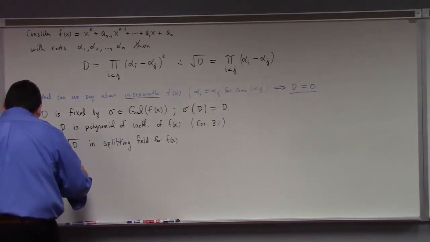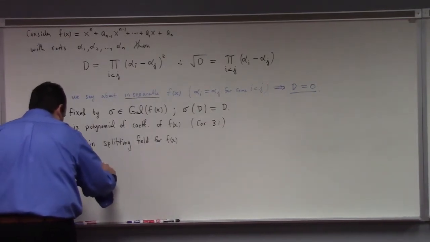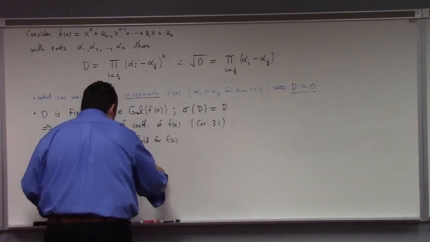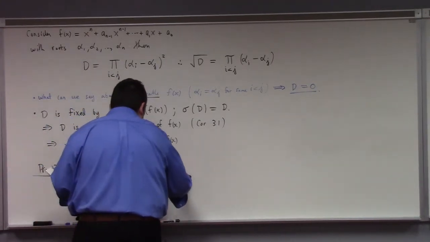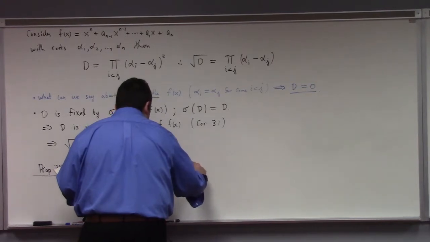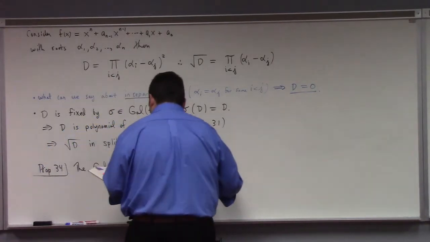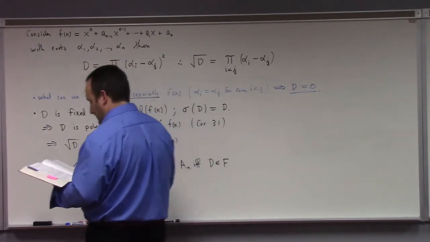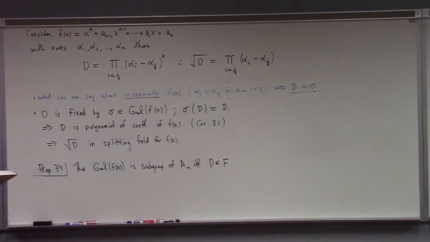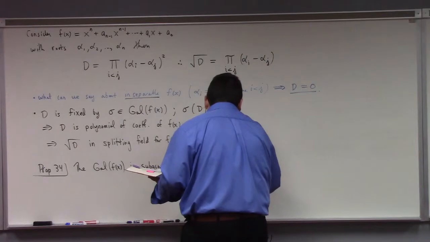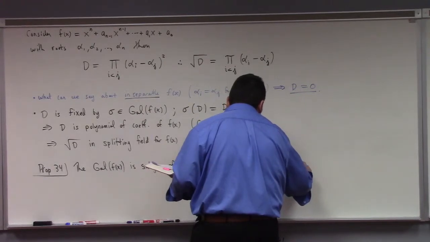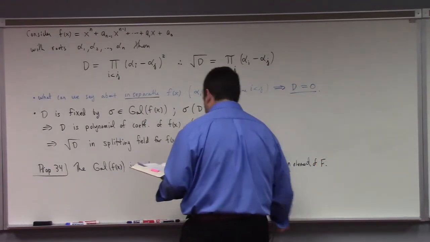Proposition 34 says that the Galois group of f of x is a subgroup of A_n if and only if the discriminant D in F is the square of an element.